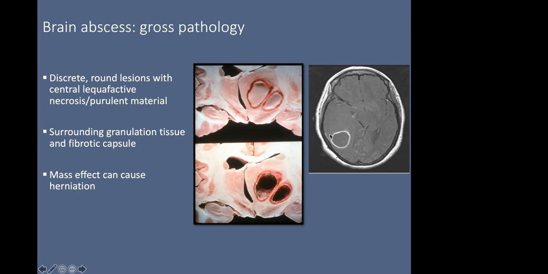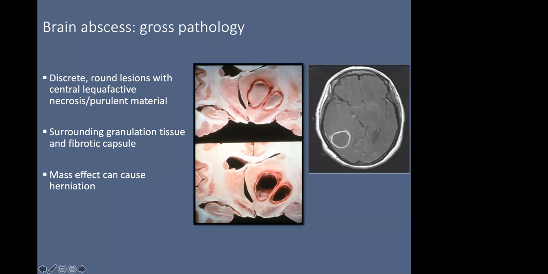This ring enhancement is also a feature of high-grade brain tumors. So that's the differential between the brain abscess and a high-grade tumor like glioblastoma. They will look similar radiologically. However, if you do a biopsy, it's very easy to differentiate between the tumor and the abscess.